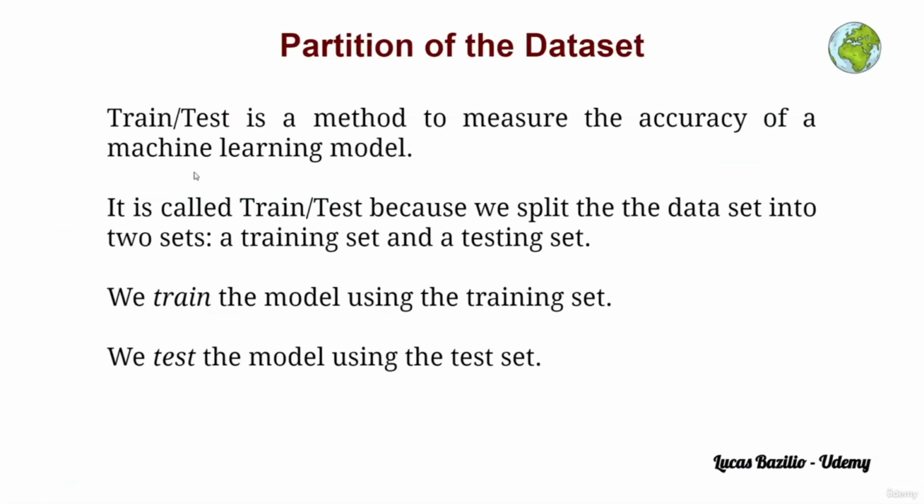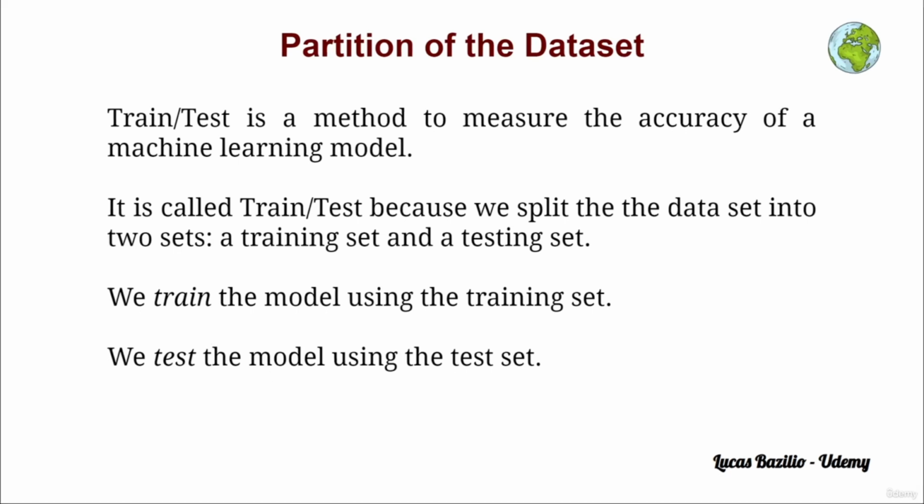This technique of dividing the dataset into training and test partitions is a method to measure the accuracy of a machine learning model, and it is called train and test because we split the data into two sets, a training set and a testing set. With the training set, we train the model, and with the test set, we evaluate the performance of this model.